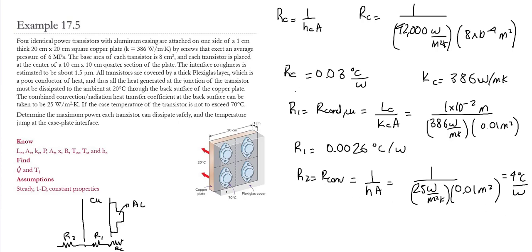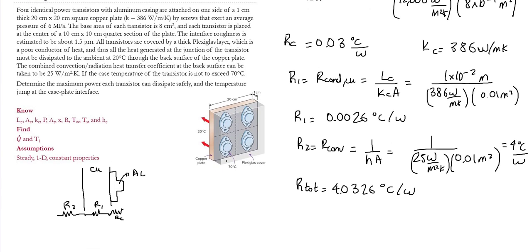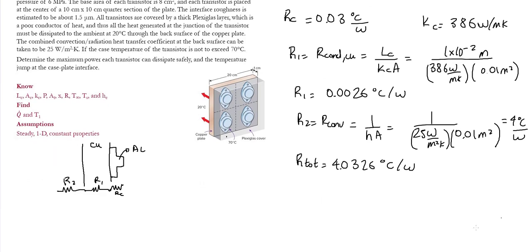So now that we have the three resistances, we find the total resistance by simply adding all of them. And that gives us 4.0326 Celsius per watt. The next step is to calculate the value of the power that it dissipates. That is simply going to be Q dot, the change of temperature divided by the total resistance.